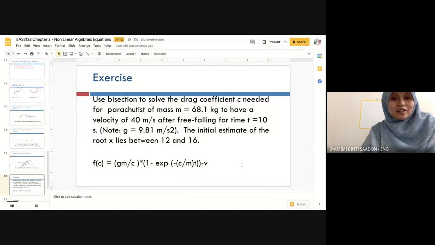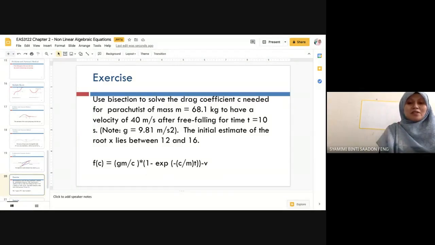So gm over c multiplied by 1 minus exponential of minus c over m times t, minus v, velocity. So try to do this one using the bisection method and see what value of drag coefficient you get.